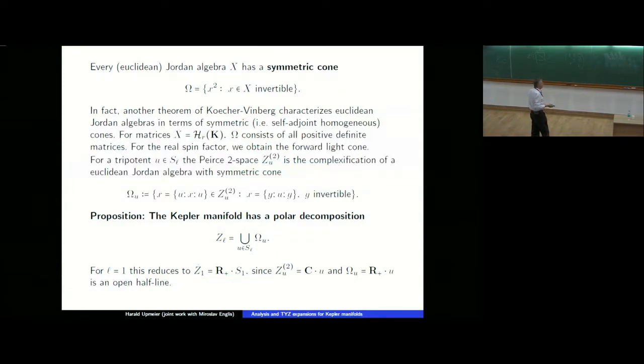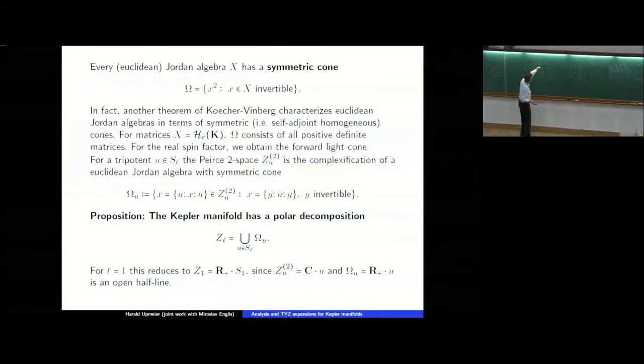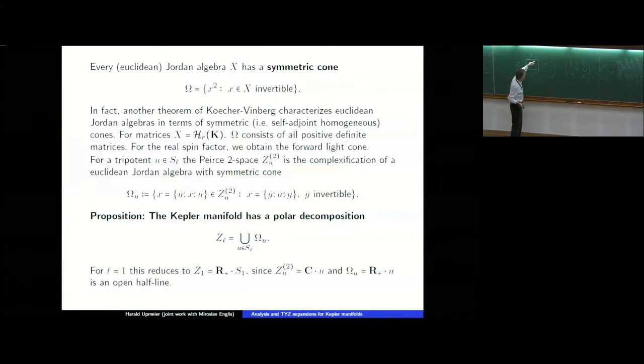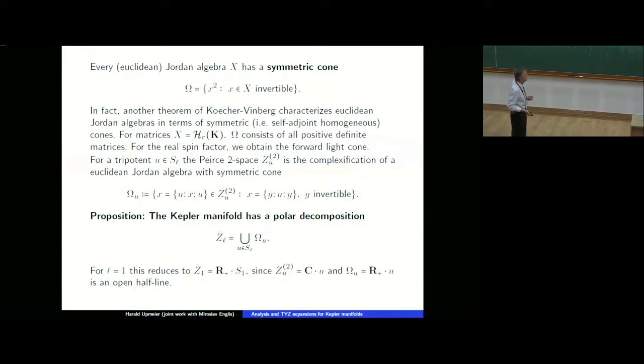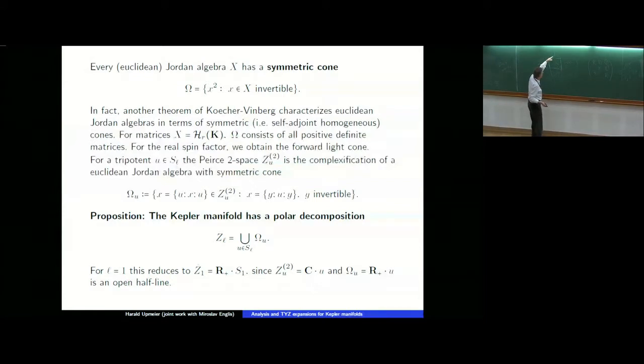Now, for every fixed tripotent, we look at the cone in the little piece, in this corner, the Peirce 2 space. This becomes, as I mentioned, a Jordan algebra. It has a symmetric cone, I wrote it down one more time, of rank L. For L equal to 1, it's only a half line.